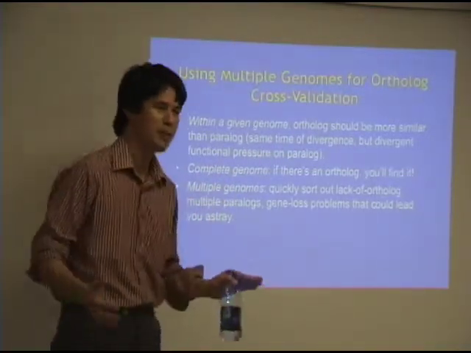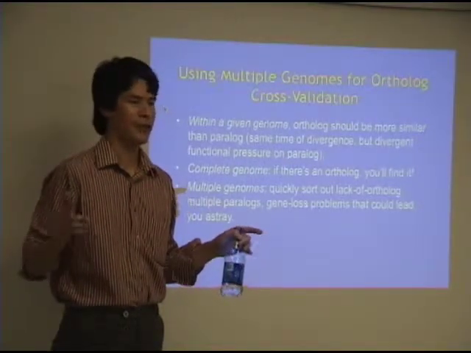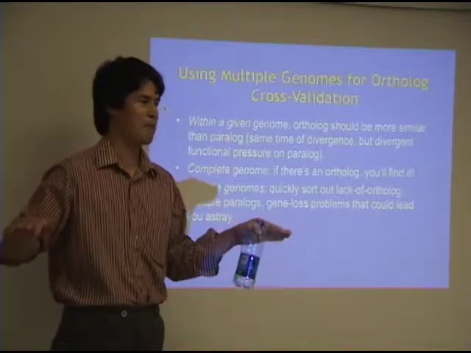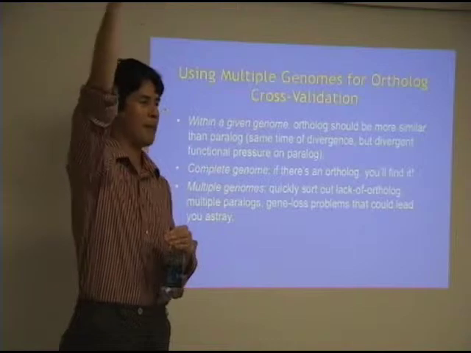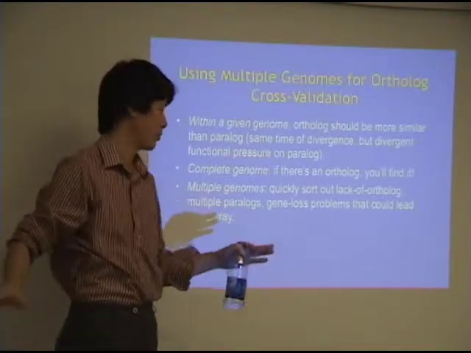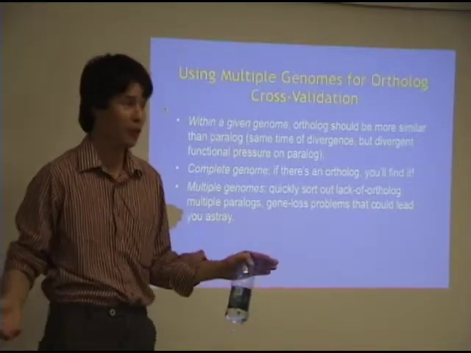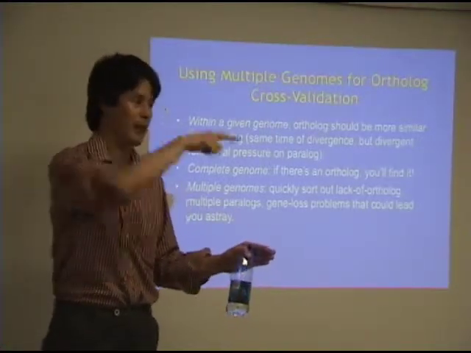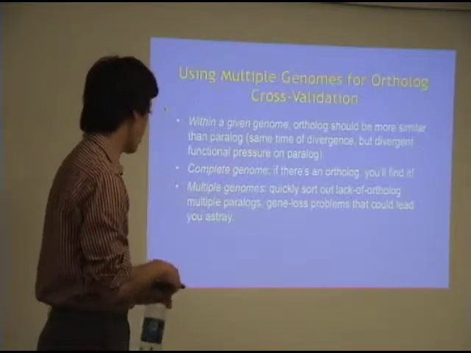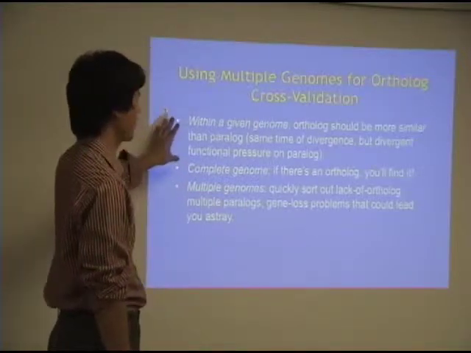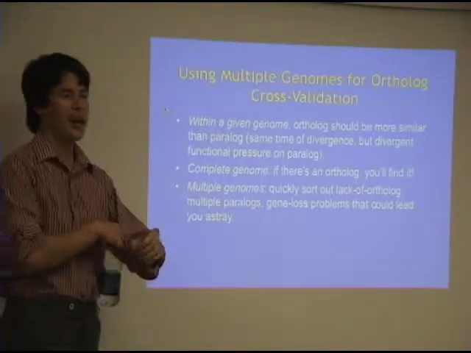So the simple message of that is, if you compare orthologs versus paralogs in the same pair of genomes, which of course are separated in time by equal amount of time since their common ancestor, the orthologs will be more similar to each other than a paralog will be to another paralog.